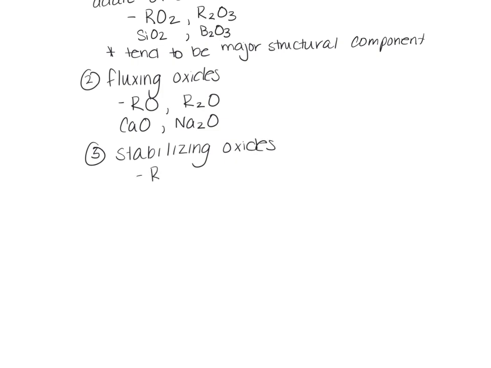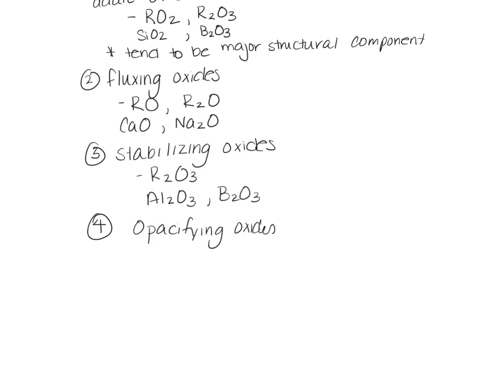And these would have the formula R2O3, aluminum oxide, right? Boron oxide. And 4, they can be opaquifying oxides. And these would be things like RO2, which would be titanium dioxide, tin oxide, zirconium dioxide. And we're going to talk about each of these categories on the next few slides.